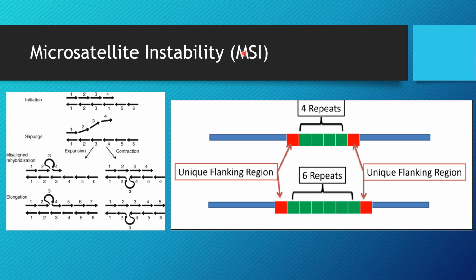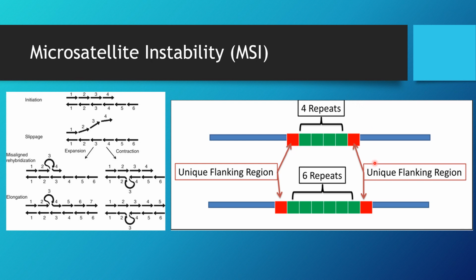With strand slippage, we get large insertion-deletion mutations in repetitive regions of the genome. For instance, we have what are called microsatellite repeat regions, also known as short tandem repeats, all throughout our genome. The number of short tandem repeats or microsatellite repeats should remain constant in every cell of the body. However, a tumor that has microsatellite instability has a number of repeats that are different in tumor cells compared to the rest of the body.